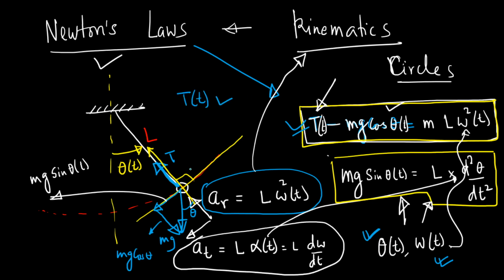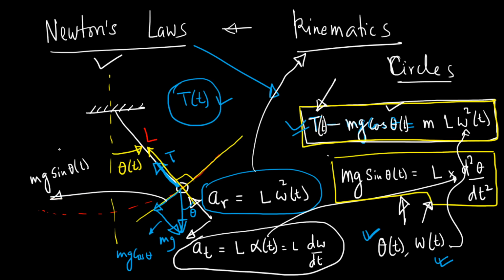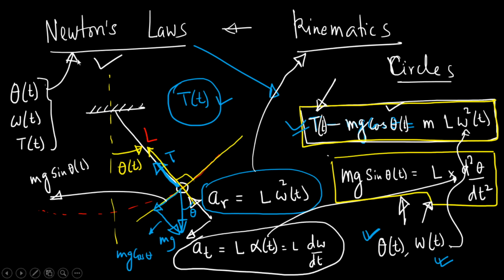Yes, because if you were to design the string, then T as a function of time is important. So I repeat. What have Newton's laws given us? They've given us theta at every instant of time, omega at every instant of time, the tension at every instant of time, and you can see what you mean by a complete piece of information is possible from Newton's laws, but you have to solve these equations.